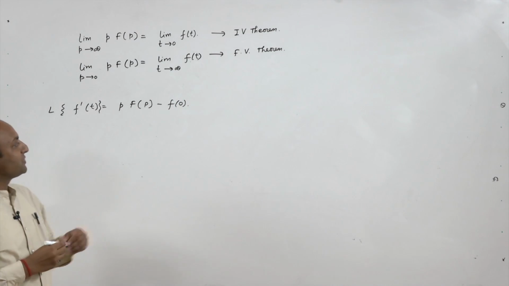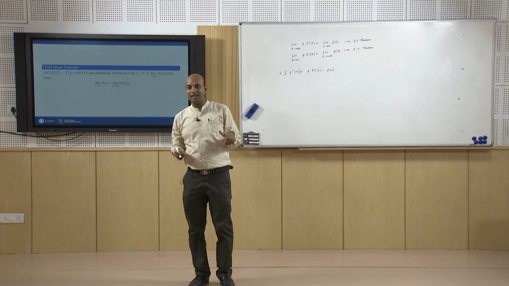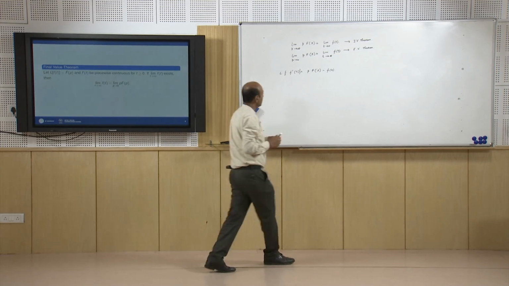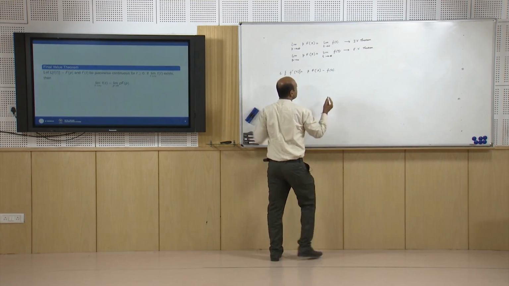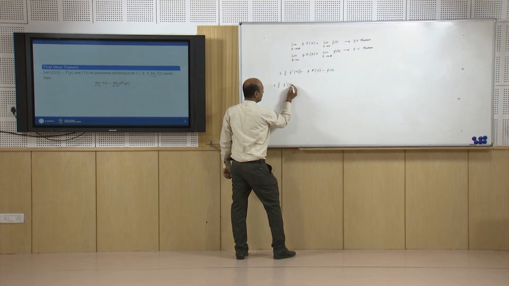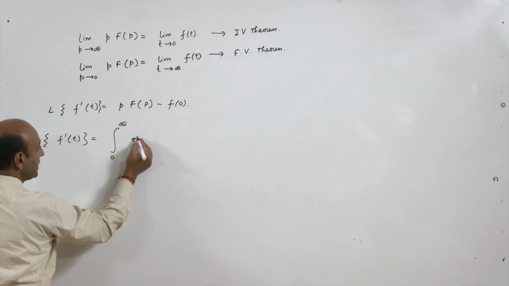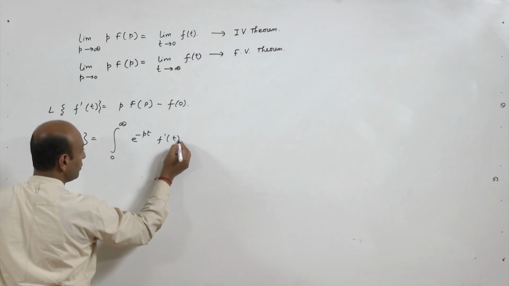Again this f 0 will be limit t tending to 0 f t if the function is not continuous at t equal to 0. And this Laplace transform f dash t is, from the definition of Laplace transform, integral 0 to infinity e to the power minus pt f dash t dt.